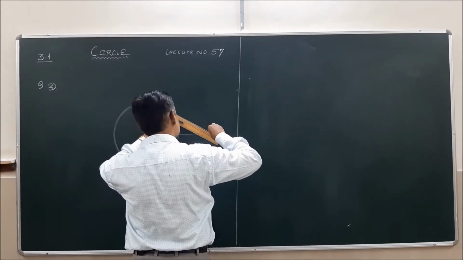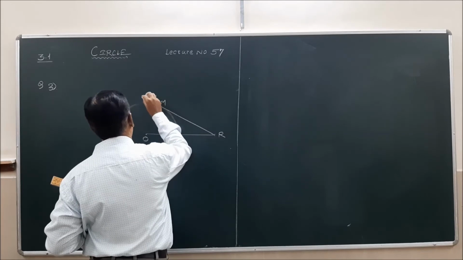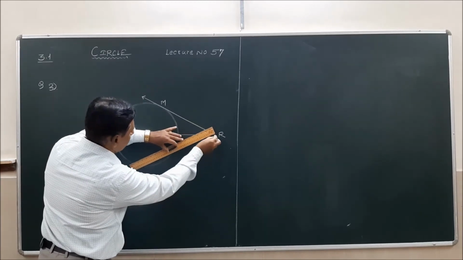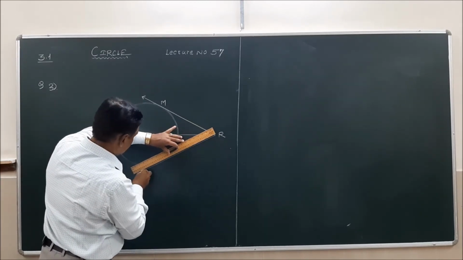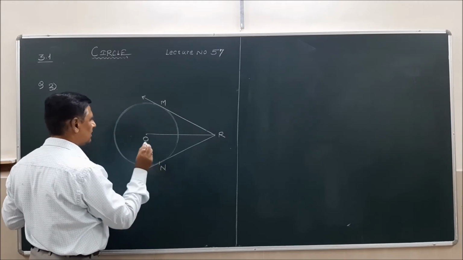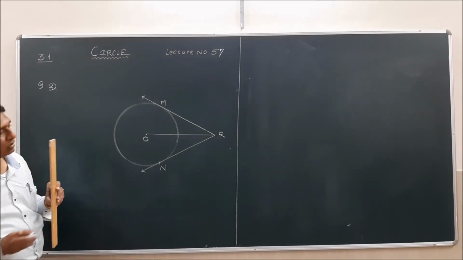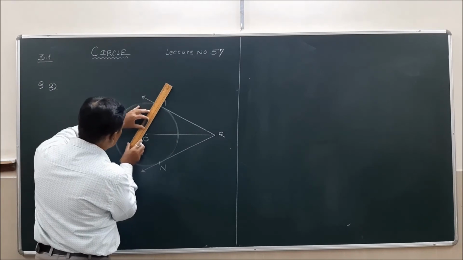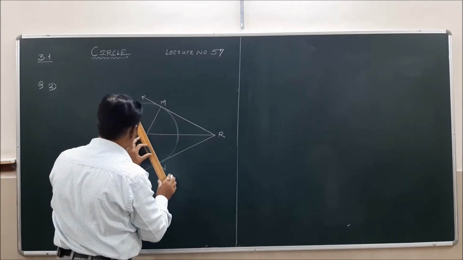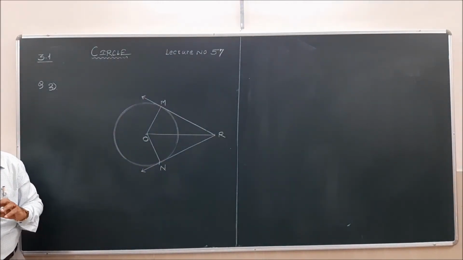Name of the two tangents are RM and RN. So this is RM, and you will find second tangent is RN. OM and ON are joined. So I am going to join now OM as well as ON. This is how we complete the figure. Figure is 3.21.